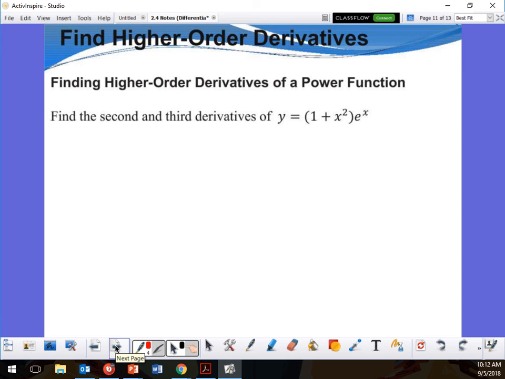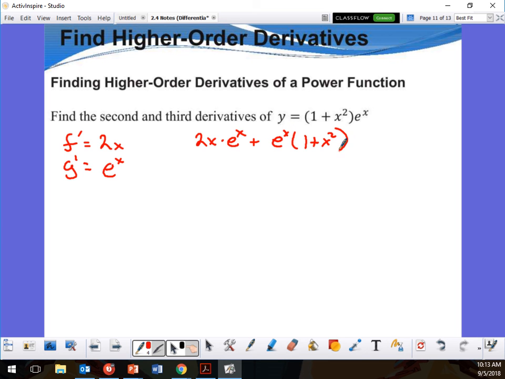Find second, third derivatives of this. Okay, what type of rule is that? Product. Okay, so if I use product rule on this one, I know that my f prime would be 2x. g prime is e to the x. So using product rule, it's going to be 2x times e to the x plus e to the x times 1 plus x squared.